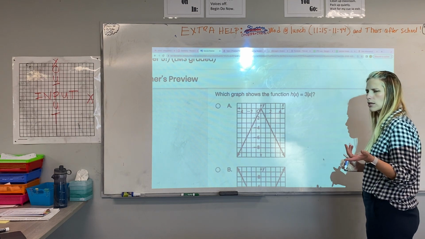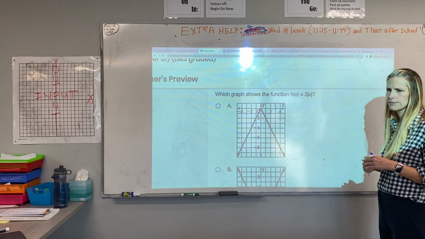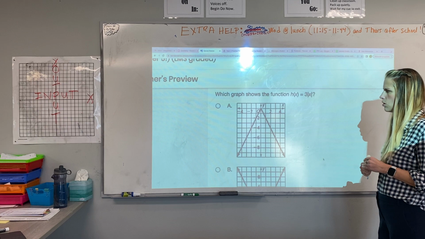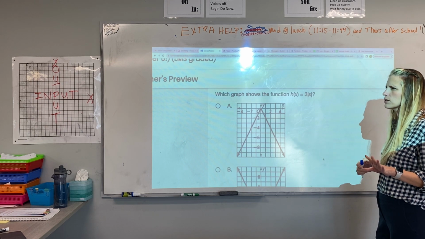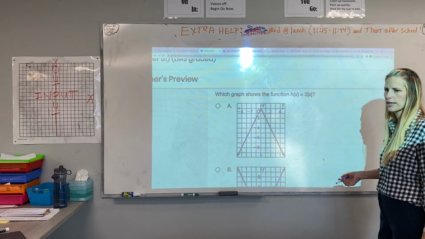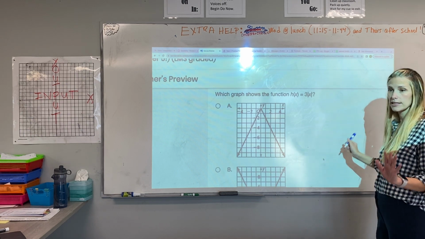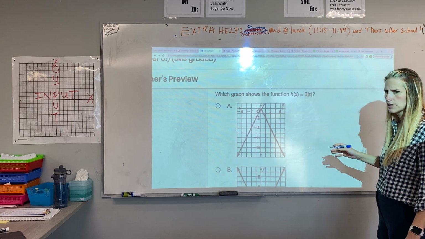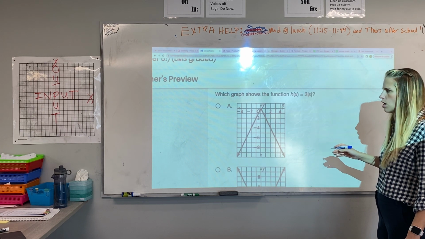Let's see what happens. Well, how did you try to solve this? You helped me with it, but what I did was just, I knew it wasn't D because it didn't go. Well, let's not use that strategy if you get to your test and you don't remember anything I said. But let's pretend that this is the test and you want to use this function. It has to cross the 3.